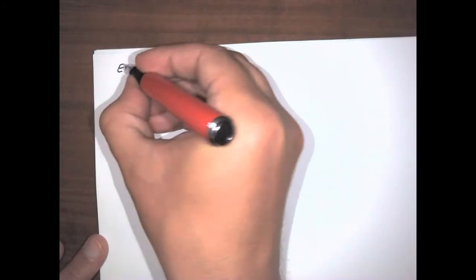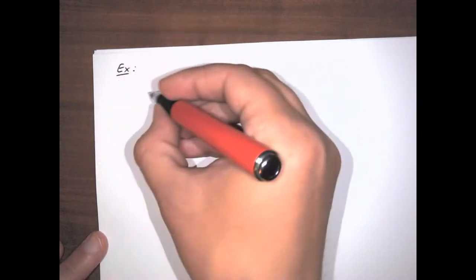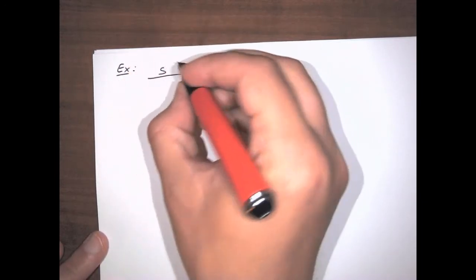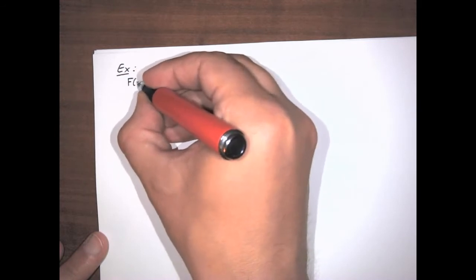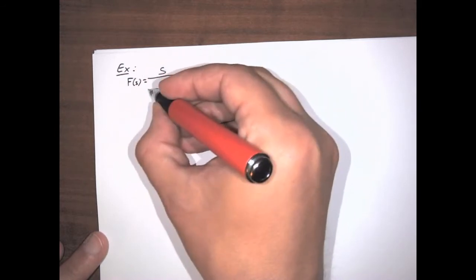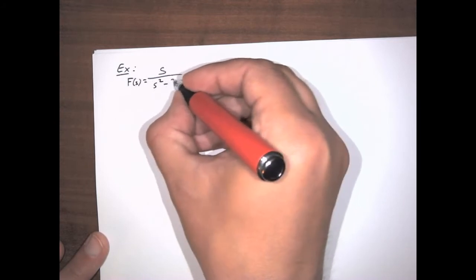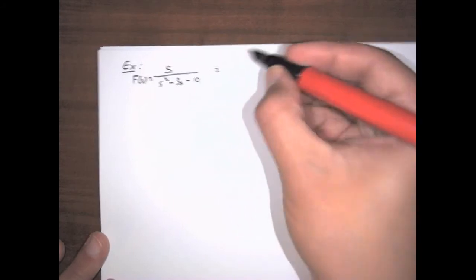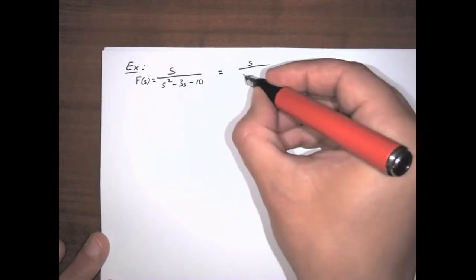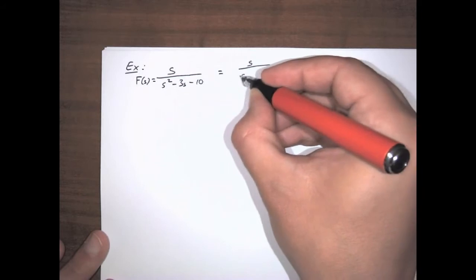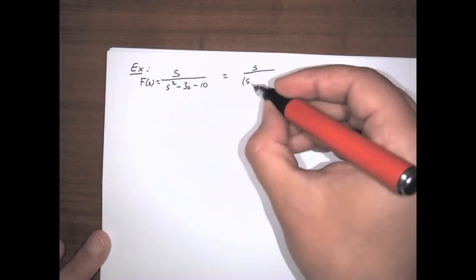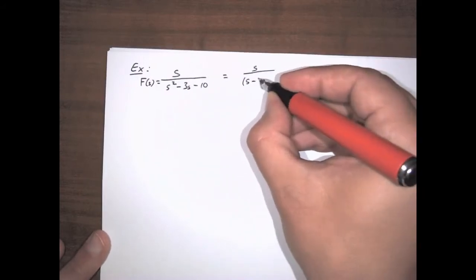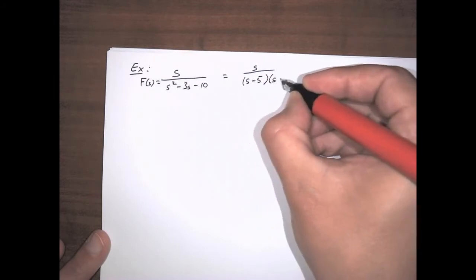An example of something like this would be, let's say, f of s equals s divided by s squared minus 3s minus 10. Well, that can be factored into s minus 5 times s plus 2.